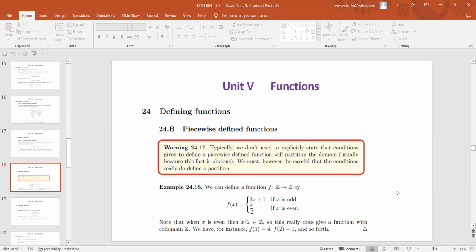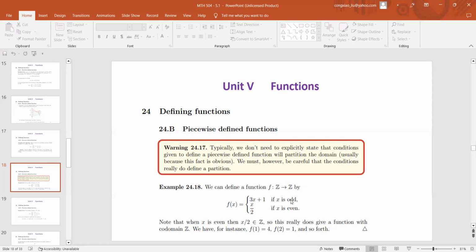The next example, we're trying to define a function from Z to Z piecewise. Okay. So f(x) equals 3x plus 1 if x is odd, and f(x) is x over 2 if x is even.